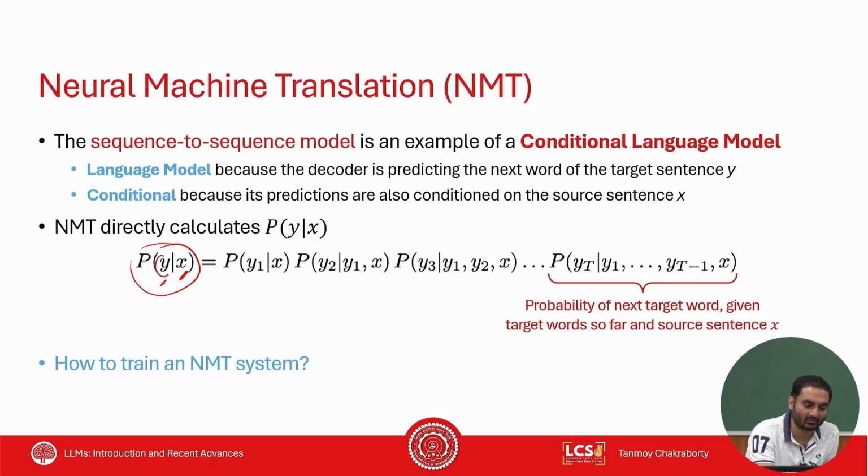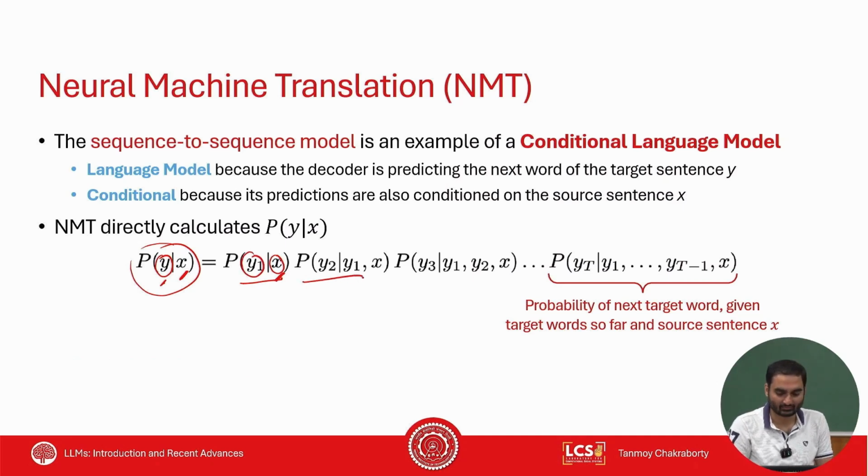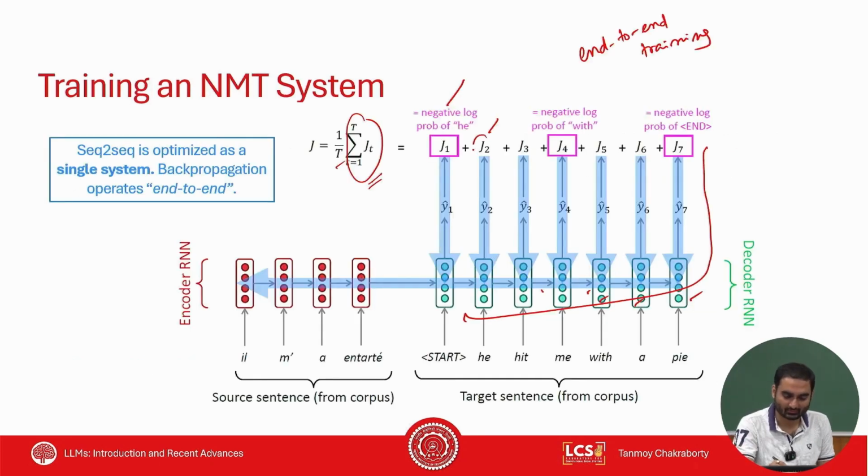Now if you think of Y as Y1, Y2, Y3 dot dot dot, the first probability that you are computing is at the first hidden state, right? What is the input there? The input is the final hidden state of the encoder, right? So that is X, but you have already processed the entire input sentence. So probability of Y1 given X. The next one, what is this one?